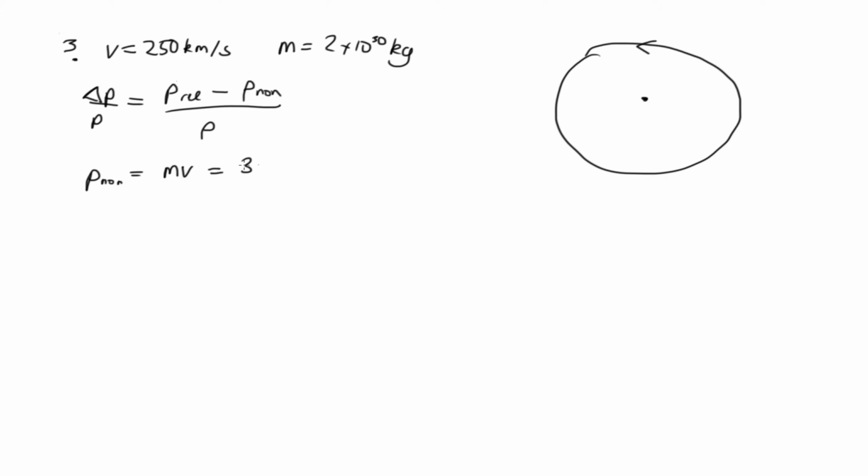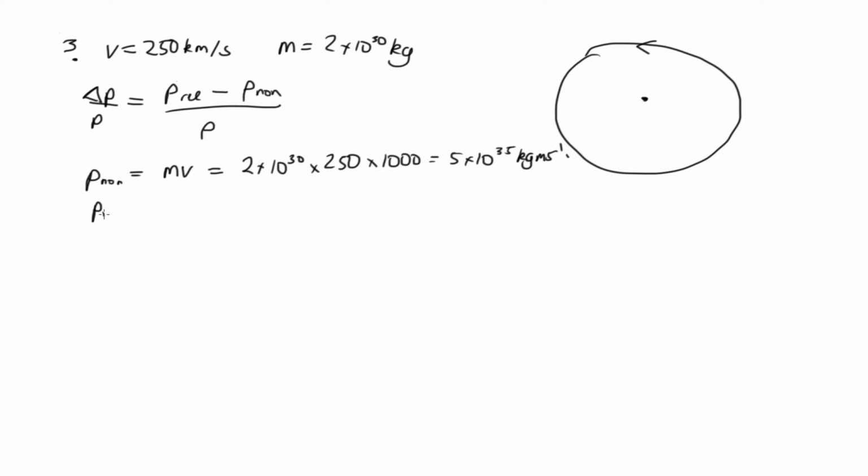So 2, sorry, that's not a 3, it's a 2. 2 times 10 to the 30 times 250, and then this is kilometers per second, so we times it by 1,000 to get it into meters per second, and this gives us the momentum, which is equal to 5 times 10 to the 35 kilogram meters per second.